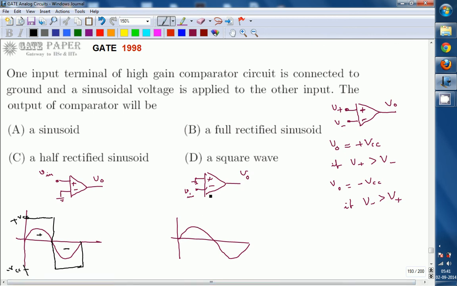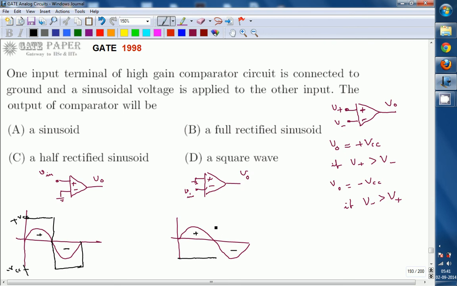Now observe the second comparator, where this is the positive half cycle and this is the negative half cycle. During the positive half cycle, voltages are positive. Since this voltage is connected to the inverting terminal, the inverting terminal is given the more positive voltage and dominates. Whenever the inverting terminal dominates, the output will be at minus VCC.